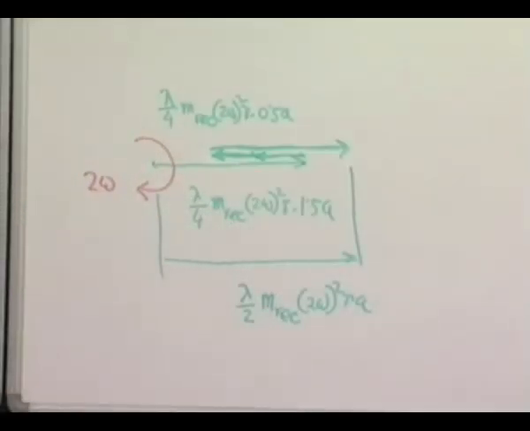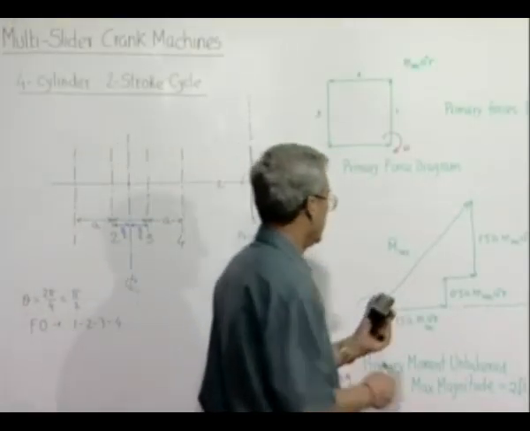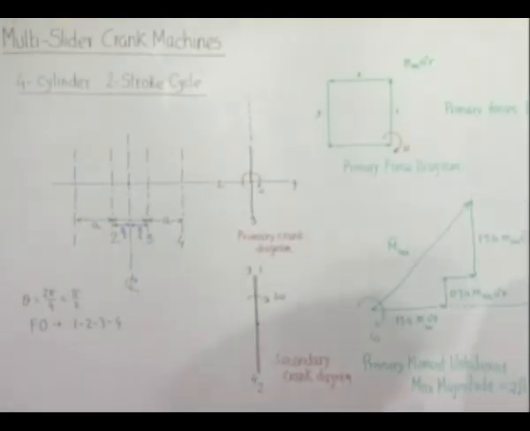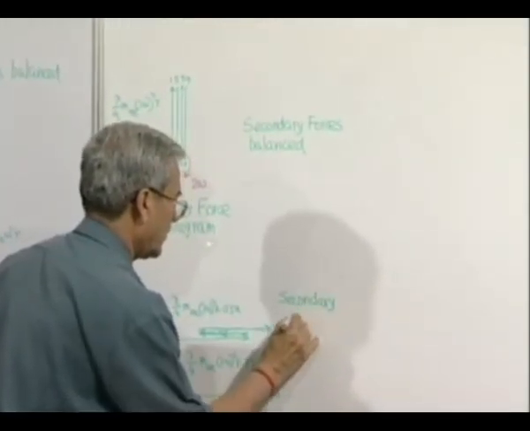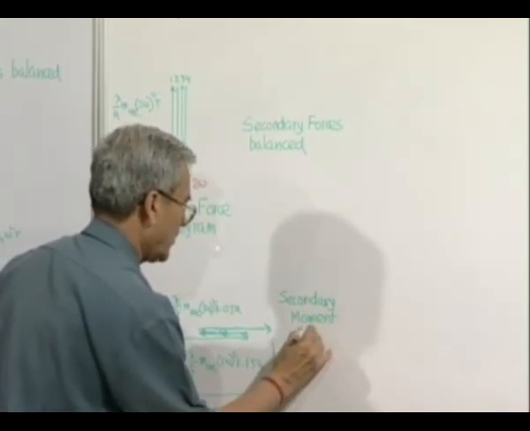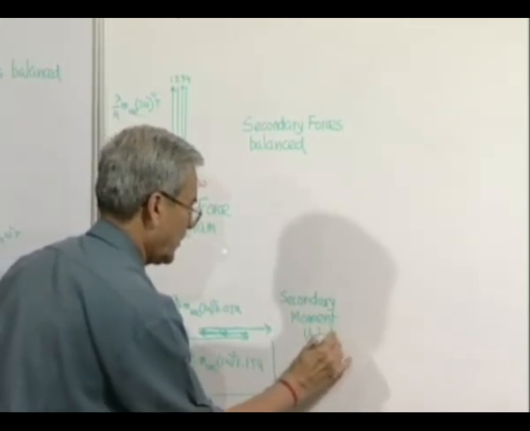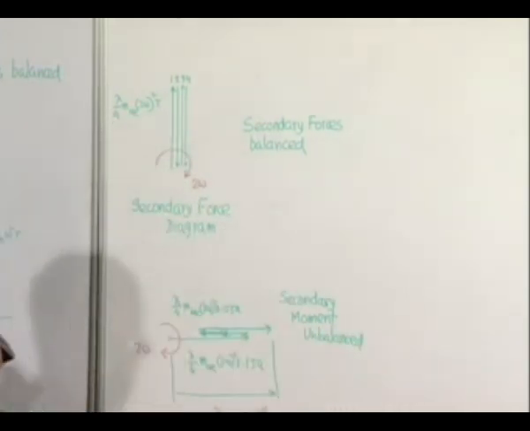So we find here the secondary moments are also unbalanced. And the maximum possible value, or what we call the magnitude, is this.